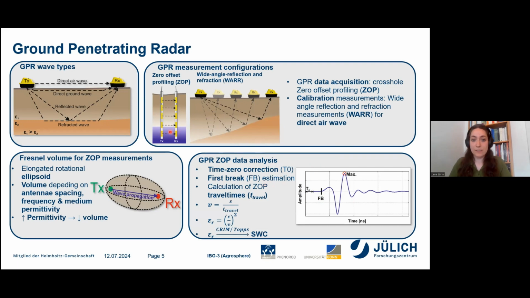Since we know the distance between the two boreholes, we can calculate a velocity, and this velocity can then be transformed into dielectric permittivity values. And if we use petrophysical or empirical relationships like Topp and CRIM, we can calculate the soil water content. There are more sophisticated analysis methods which consider the whole wavelet, but I have not been using them so far.